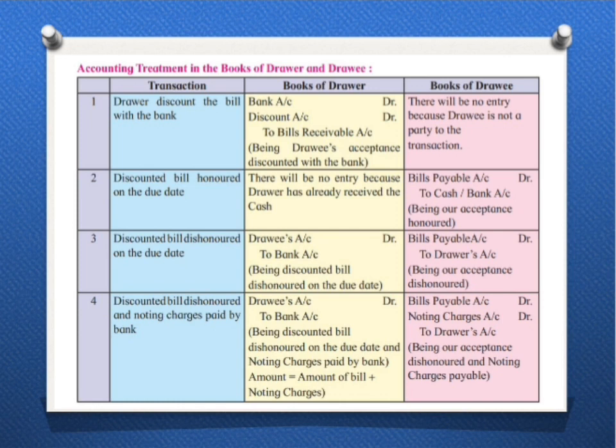Now the important thing is that if the discounted bill is dishonored and noting charges are paid by the bank, at that time drawee's account debit to bank account, being discounted bill dishonored on due date and noting charges paid by bank; the amount is equal to the amount of the bill plus noting charges. In the books of drawee, bills payable account debit, noting charges account debit, to drawer's account. Here, noting charges are the expenses of the drawee, being our acceptance dishonored and noting charges payable.